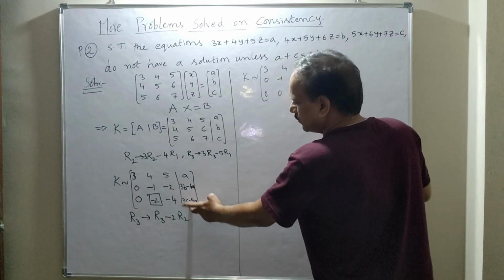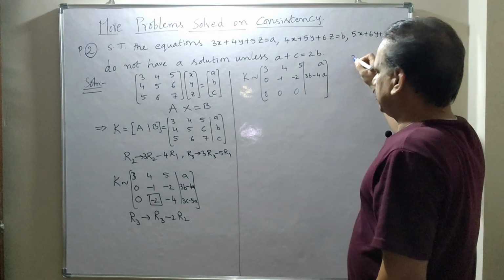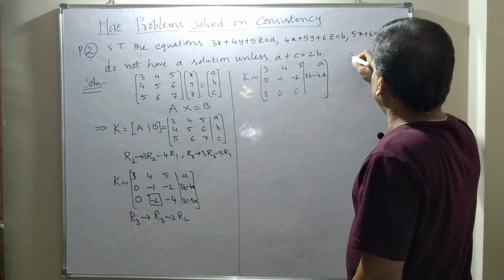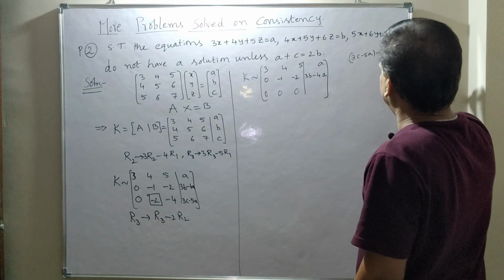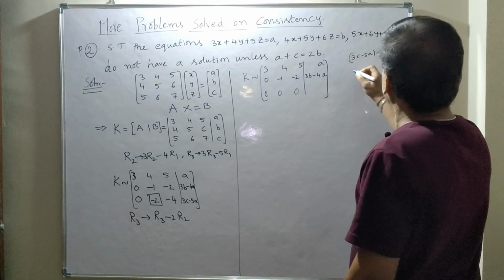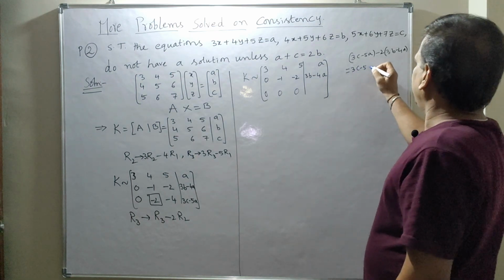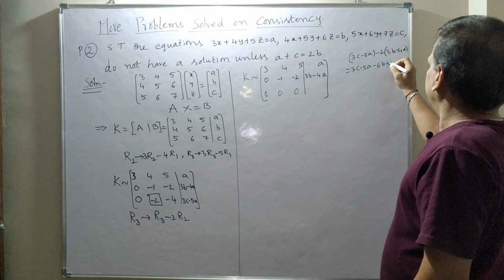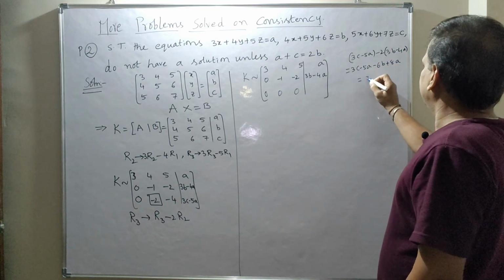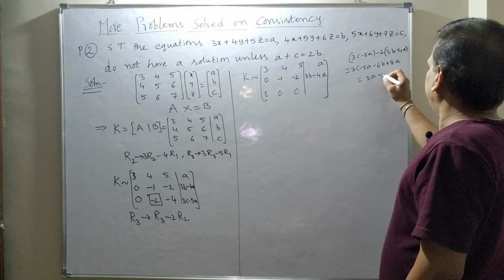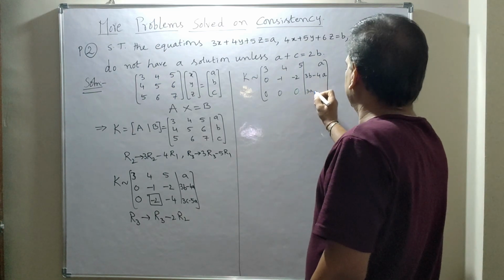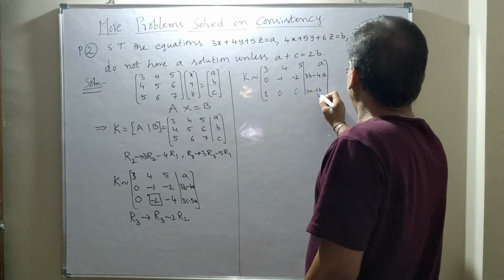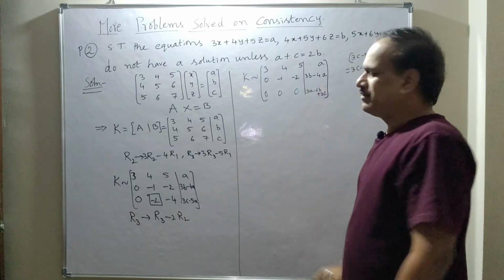This minus 2 into this means 3C minus 5A minus 2 into 3B minus 4A, which is 3C minus 5A minus 6B plus 8A. This is 3A minus 6B plus 3C.